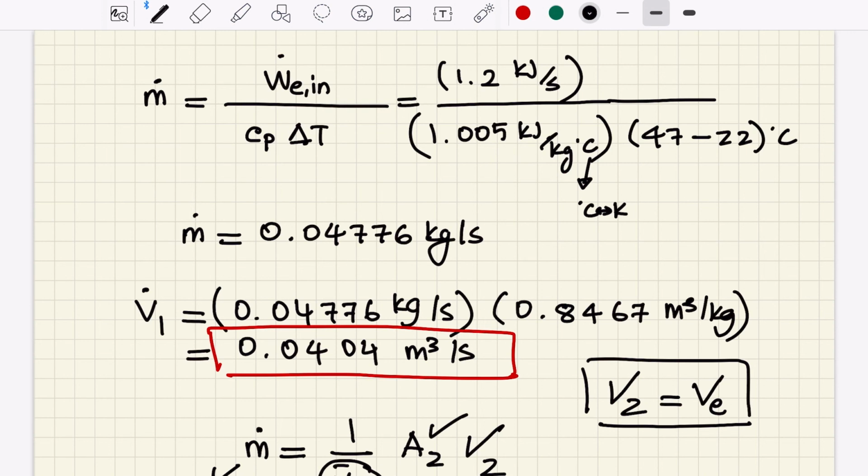This is an ideal gas. If we know the temperature and pressure at the exit, then we should be able to figure out the specific volume. Remember, we need to have the pressure known at the exit.